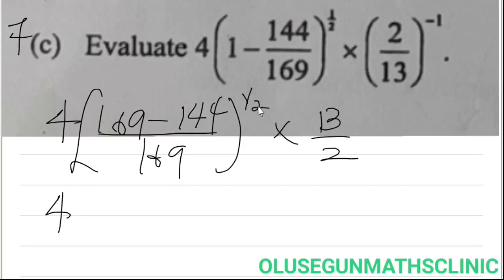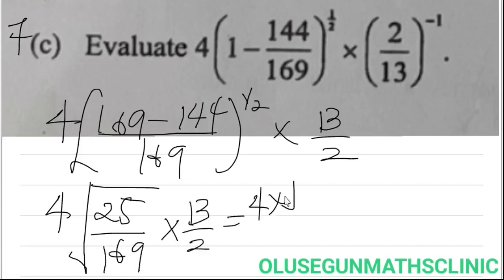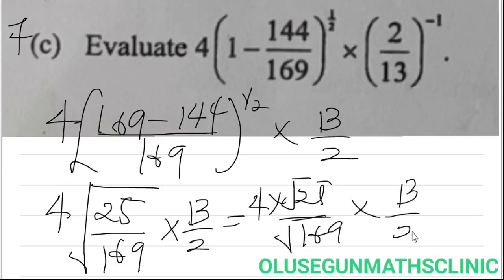This is root. It means root 169 minus 144 gives us 25 over 169 times 13 over 2. So this will give 4 times root 25 over root 169 times 13 over 2.